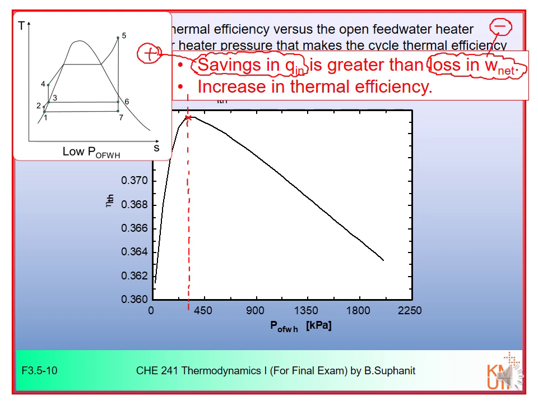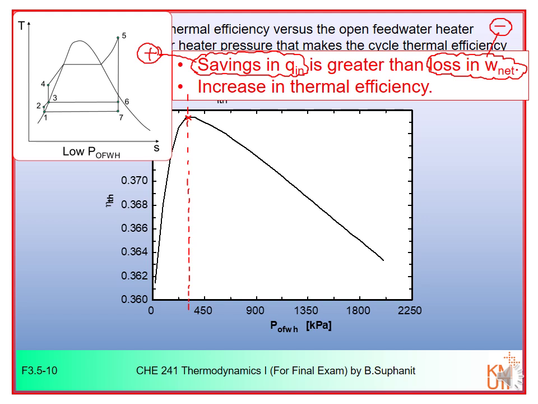So in this region, when you increase the pressure of OFWH, you get an increase in the thermal efficiency, because the benefit is greater than the loss that you have to pay in terms of W net.